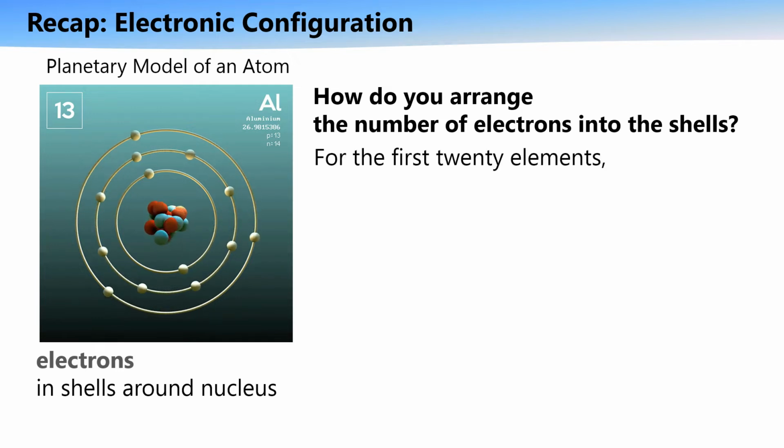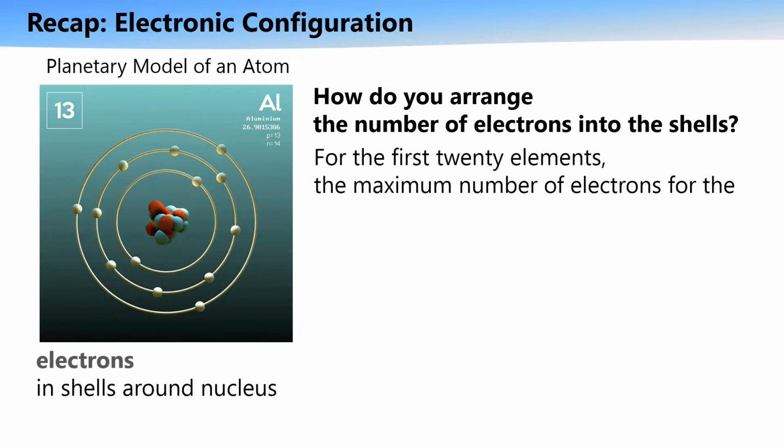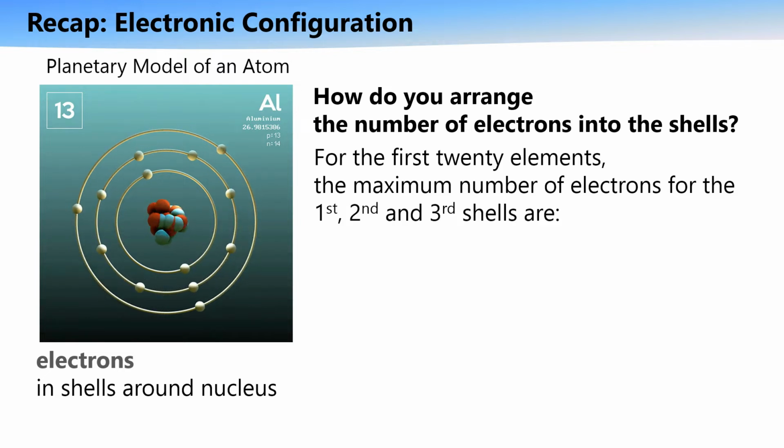For the first 20 elements, the maximum number of electrons for the first, second, and third shells are 2, 8, and 8 respectively. I like to call this the 2-8-8 rule. That means the first shell can only have 2 electrons, the second shell can only have 8 electrons, and the third shell can only have 8 electrons also. Please take note, this only applies for the first 20 elements.